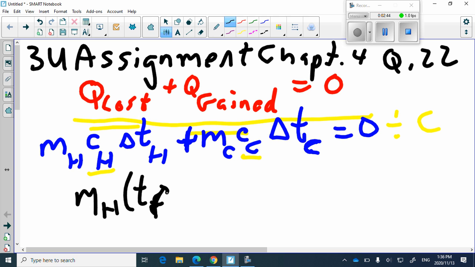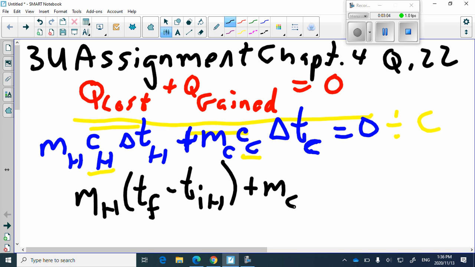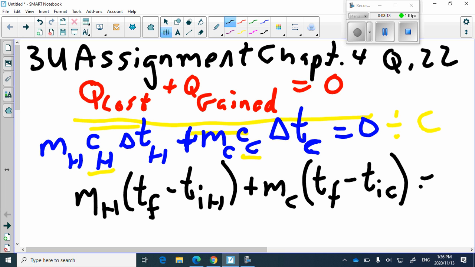Ooh, that's ugly. Let me fix that. There we go. Temperature final minus temperature initial for the hot water, right? Plus mass of the cold water multiplied in bracket temperature final minus temperature initial for the cold water equals 0.